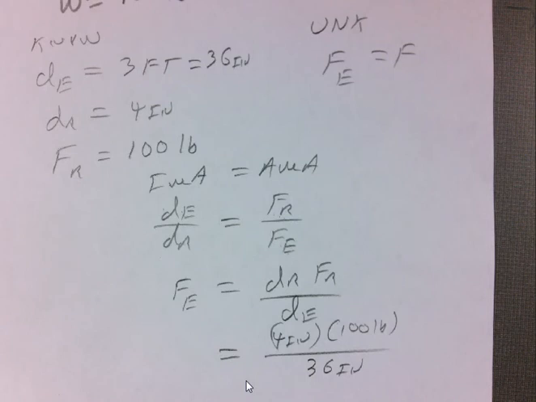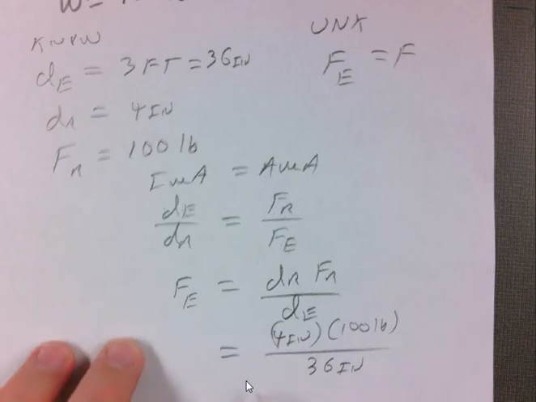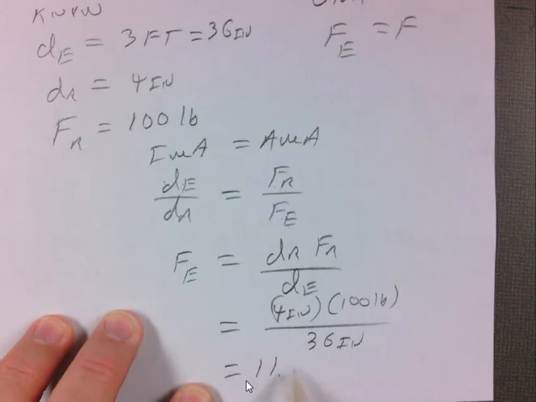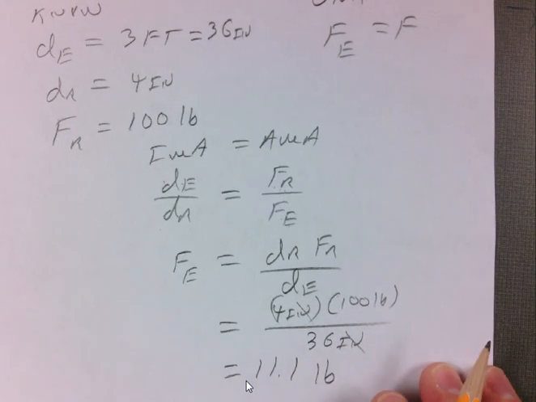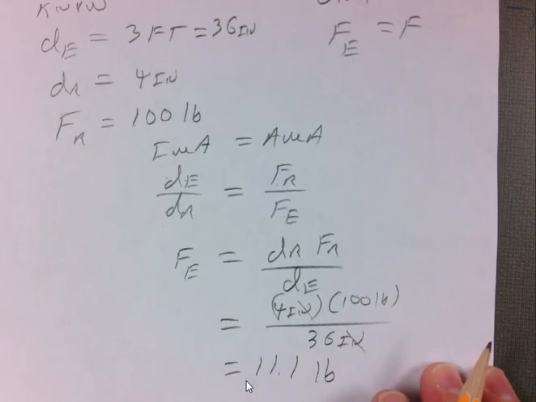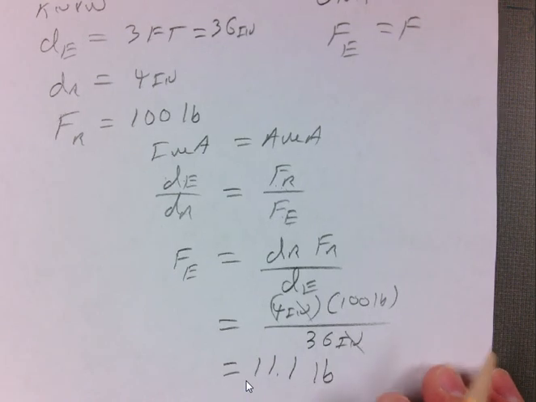Grabbing my calculator, 4 times 100 divided by 36 equals something close to 11.1. And what are our units here? Pounds. Okay. So we find that a youngster would have no problem lifting that 100-pound bucket of water out of the well. Okay. Thank you.